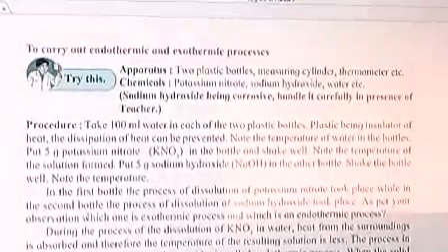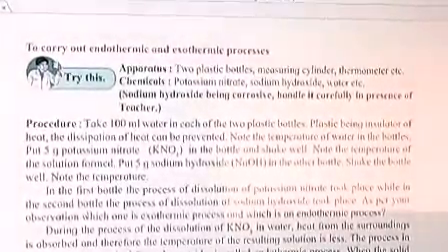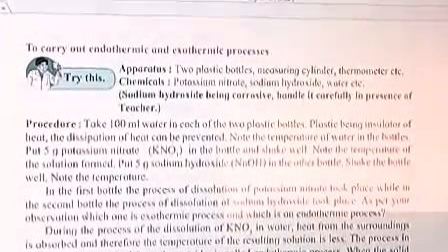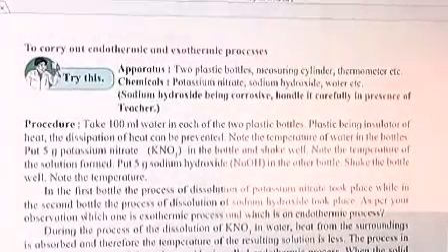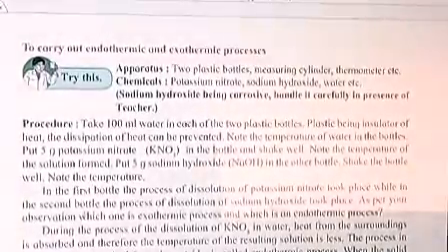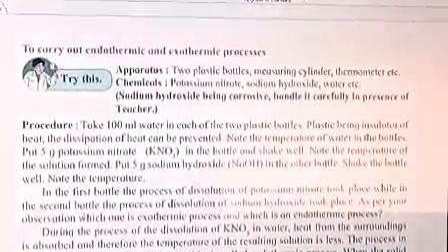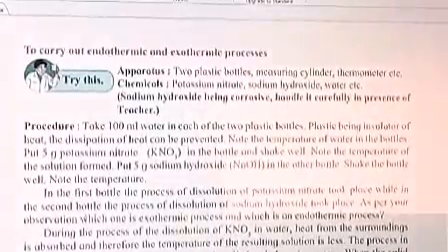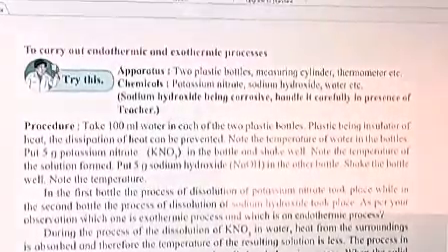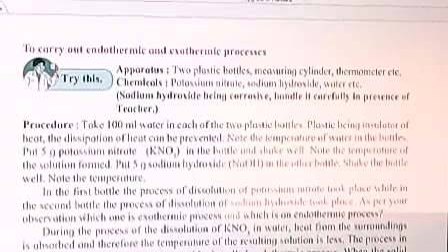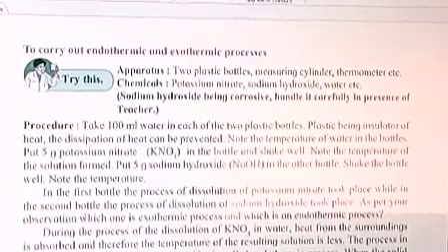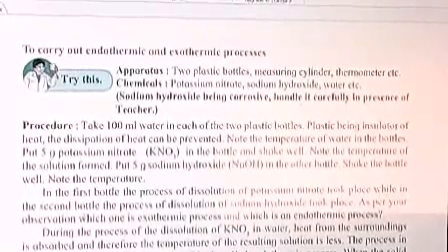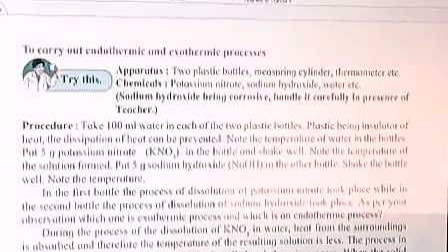You will find that as the potassium nitrate dissolves in water, the temperature of the solution falls down. So here heat is absorbed for dissolving potassium nitrate. As this heat is taken from the water, the temperature falls down, and therefore dissolution of potassium nitrate in water is an endothermic process.